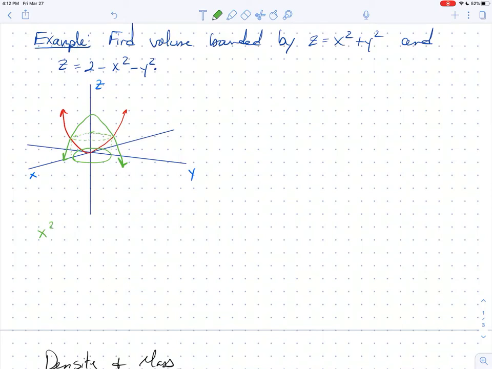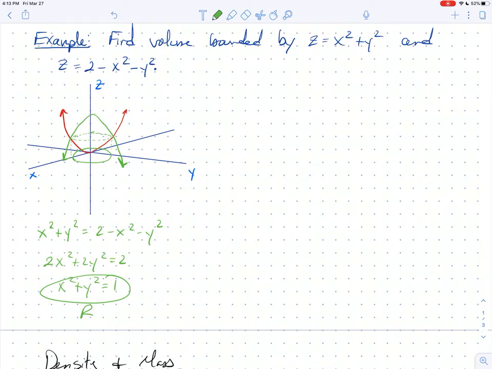So x squared plus y squared equals 2 minus x squared minus y squared. Pull everything across, and I get 2x squared plus 2y squared is 2. So x squared plus y squared is 1. So that's our R. This is our region of integration.